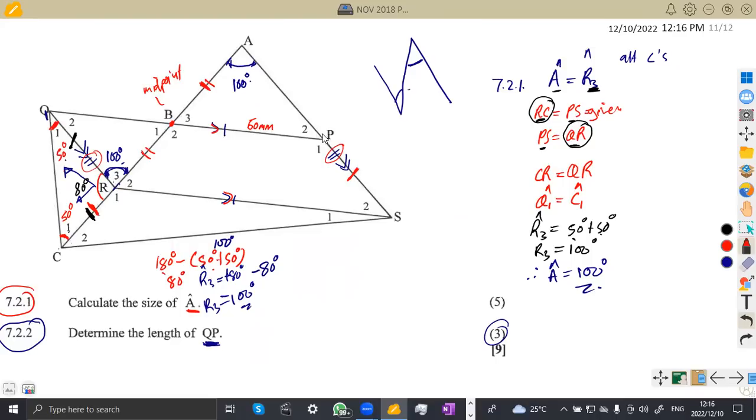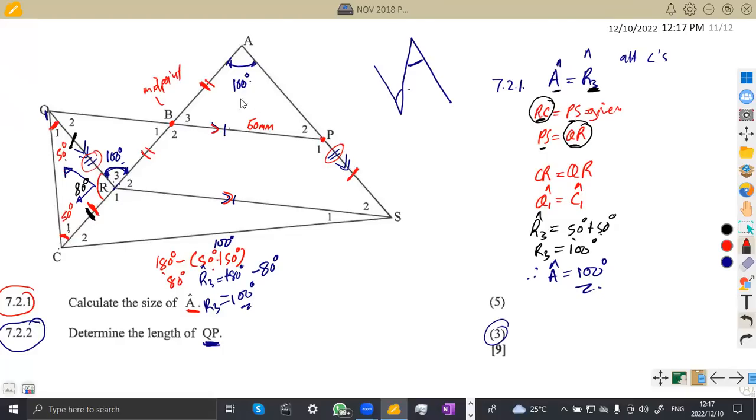So it means P is also the midpoint. Remember the midpoint concept, these two lines will be parallel. So if P is the midpoint and B is also the midpoint, it means BP is half of RS, or RS is twice BP.